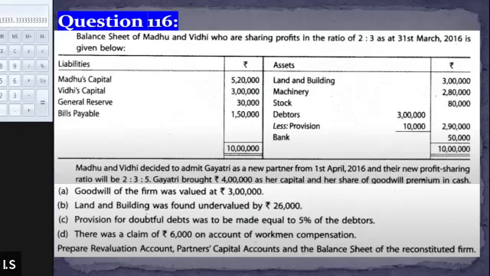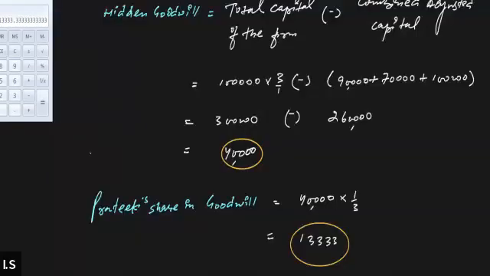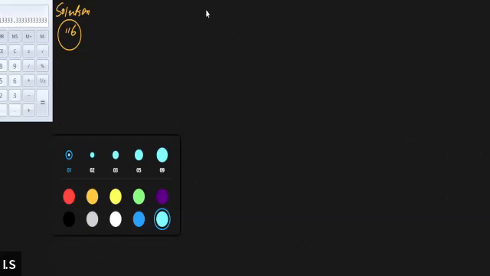In this question, we need to first of all prepare the revaluation account, partners capital account, and balance sheet. Let's first of all prepare the format of these accounts, and then I'll start with the solution. So first of all, let's make the format of it. We'll first make the format of the revaluation account.